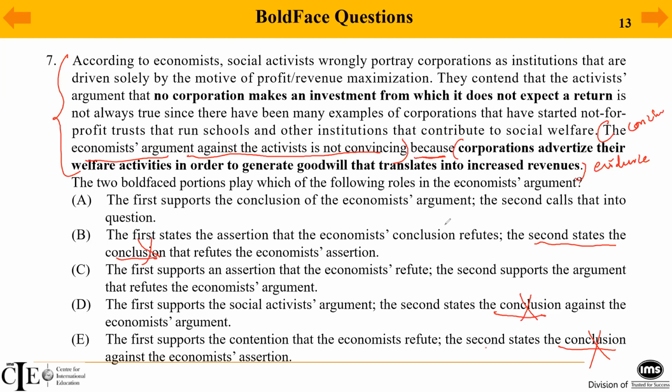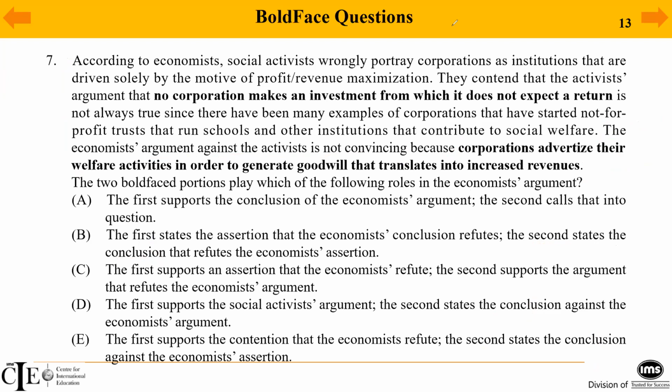Okay, Abhishek Nair wants me to explain the whole question again. According to economists, social activists wrongly portray corporations as institutions that are driven solely by the motive of profit or revenue maximization.